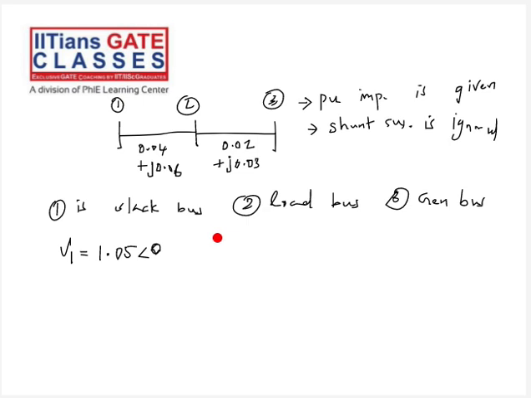Then we are given P2 plus jQ2 as 8.96 plus j8.46, right? And we are given the modulus value of P3 as 0.02.